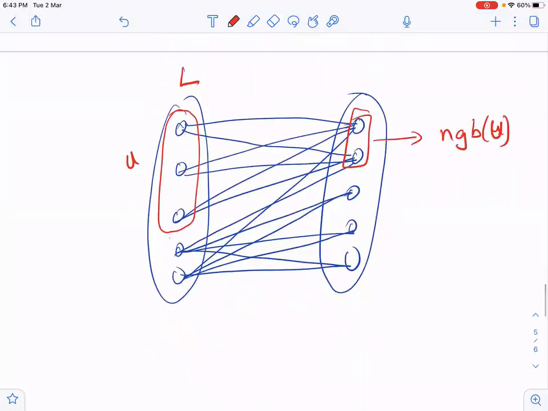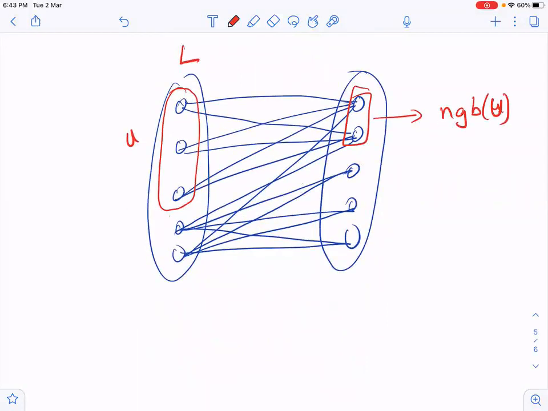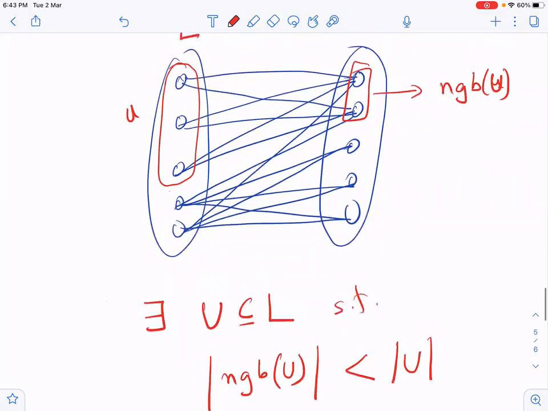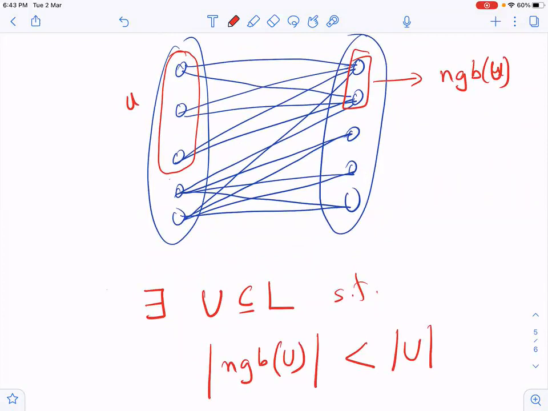right? So what happened was that there exists a U subset of L such that the size of the neighborhood of U is strictly smaller than the size of U, right? And when such a thing is happening, it is like these 3 kids wanting 2 toys. Okay, and then you cannot have it, right?